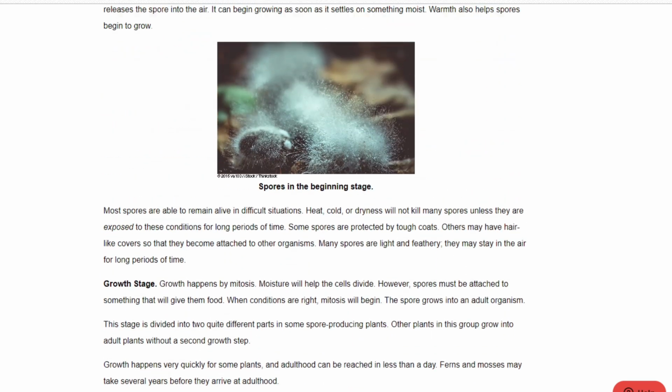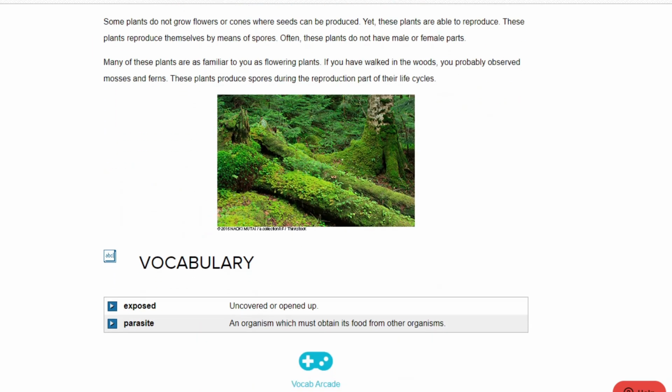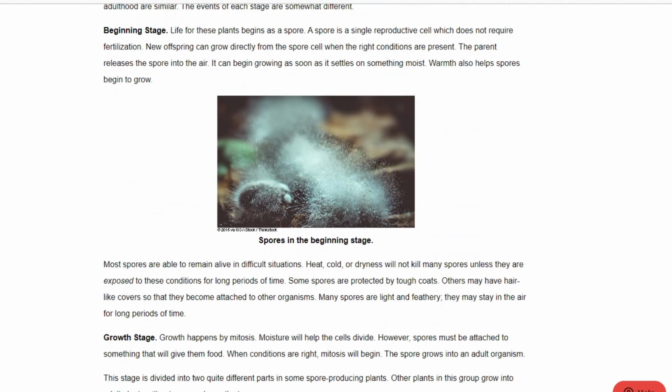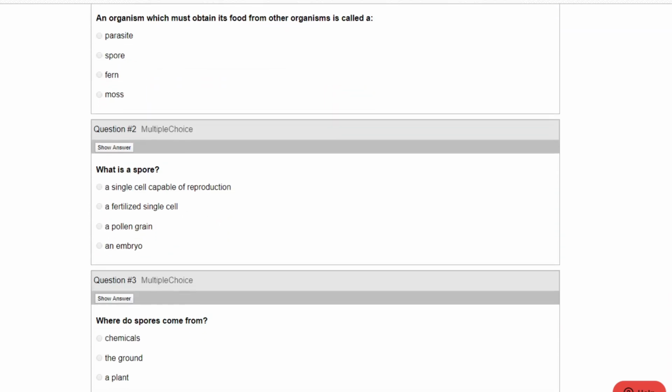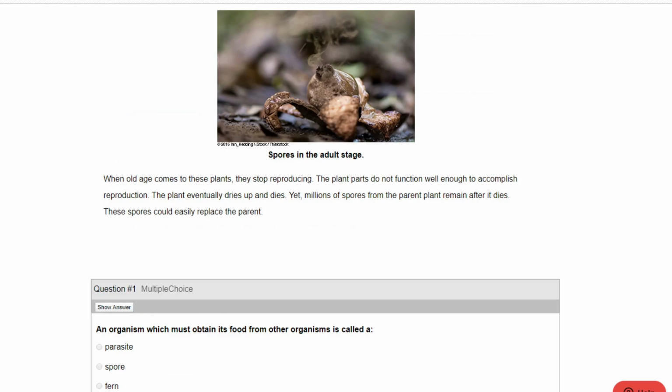These are open book. I should not have anybody getting poor grades on here because your answers are right up there. All you have to do is scroll back and find your answers. So I'm going to try a bunch of small lessons on these and see if they help.